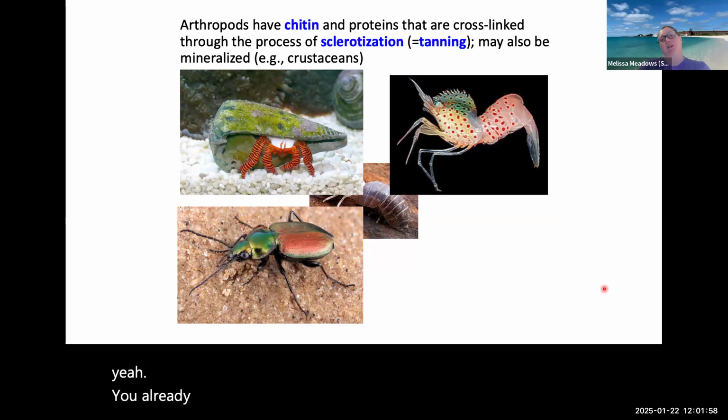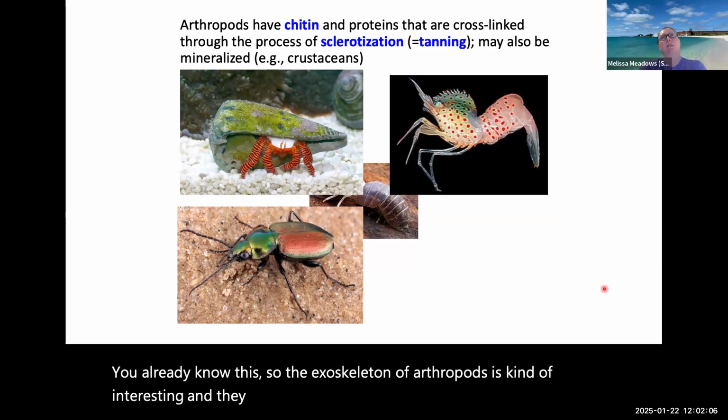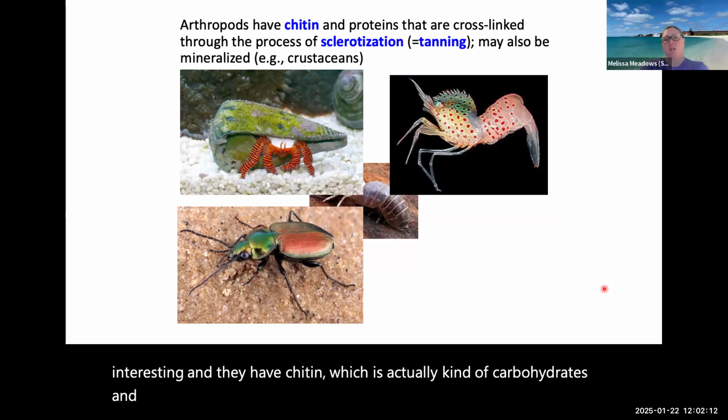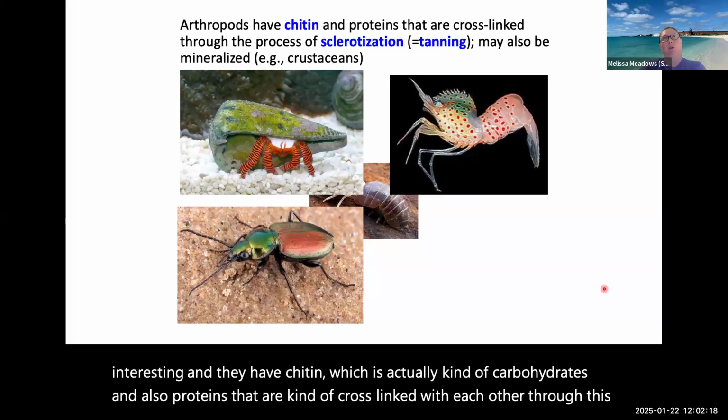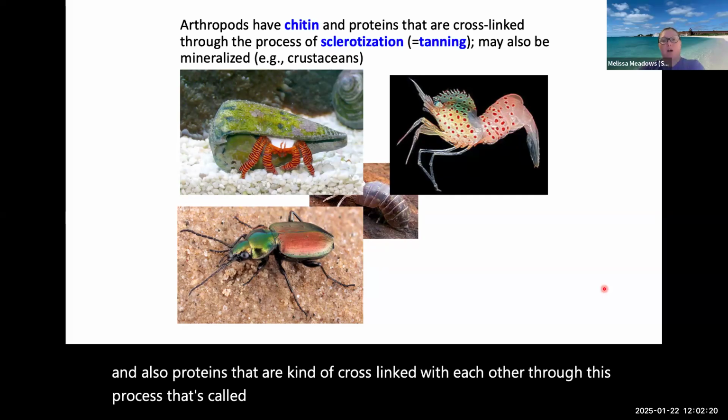So the exoskeleton of arthropods is kind of interesting. They have chitin, which is actually a kind of carbohydrate, and also proteins that are cross-linked with each other through this process called sclerotization, aka tanning.